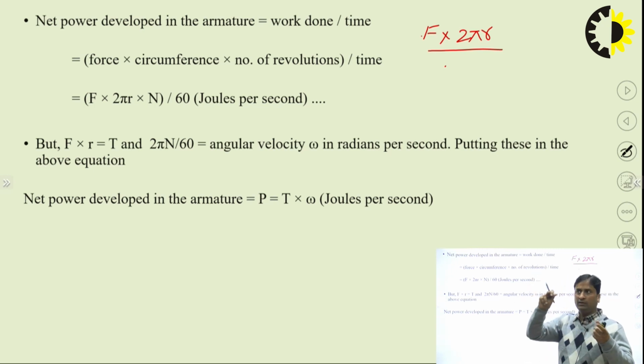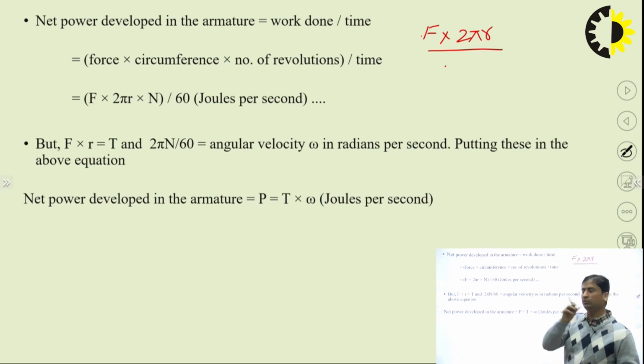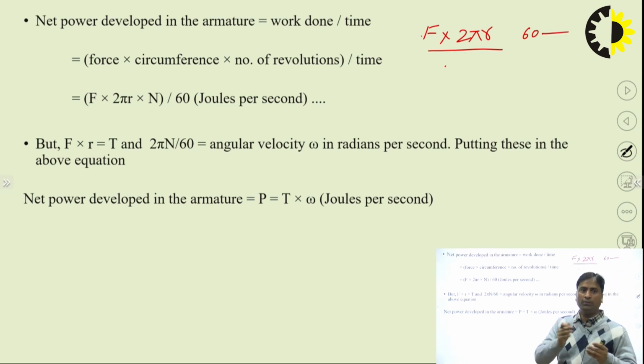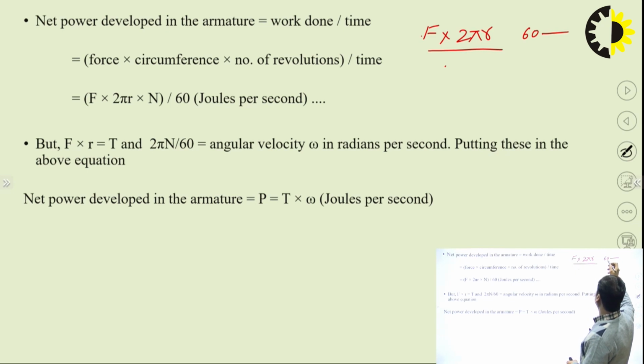Time means the time taken by the conductors in one revolution. If the speed is N RPM, that is N revolutions per minute, then in 60 seconds we have N revolutions.